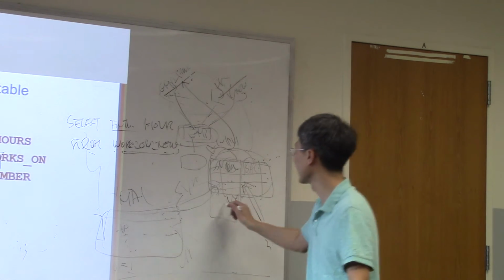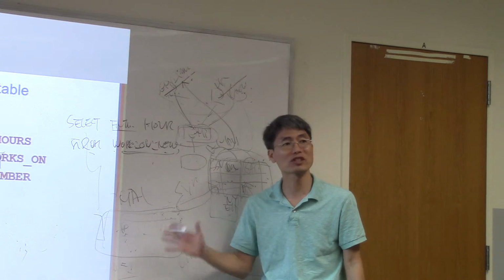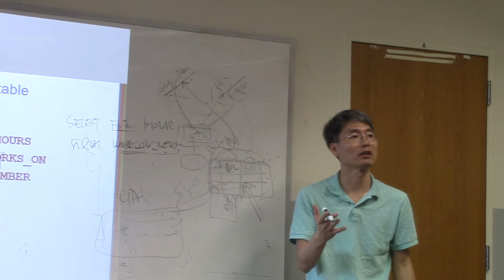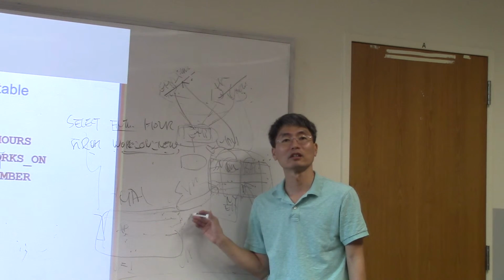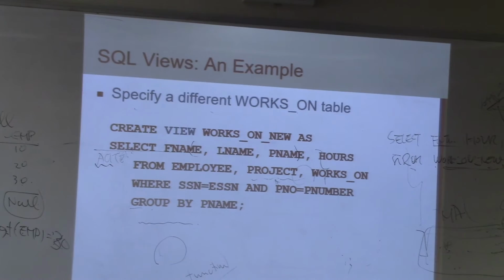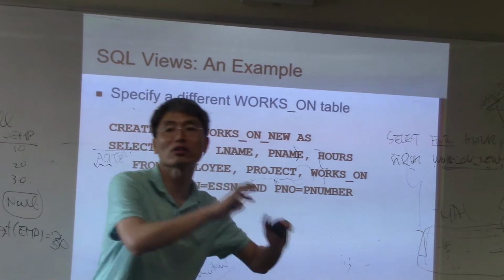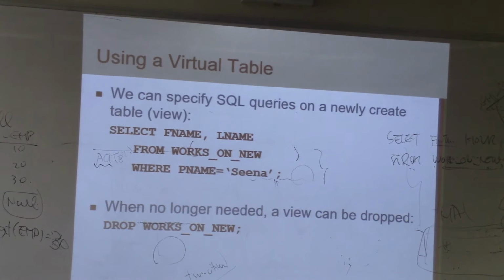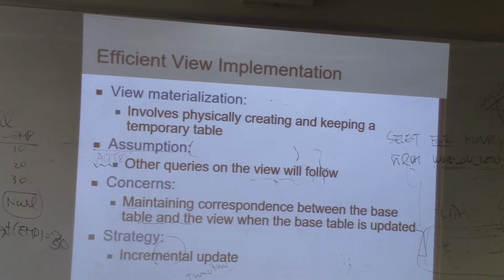Like the employee data may not need to be synchronized in real time. Every month you can synchronize. Okay? So that is called the materialized view. Materialized view is also used a lot nowadays, because many database systems are distributed systems. That is the view materialization.